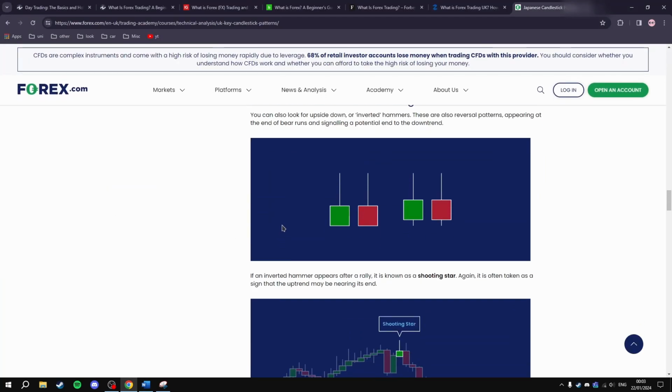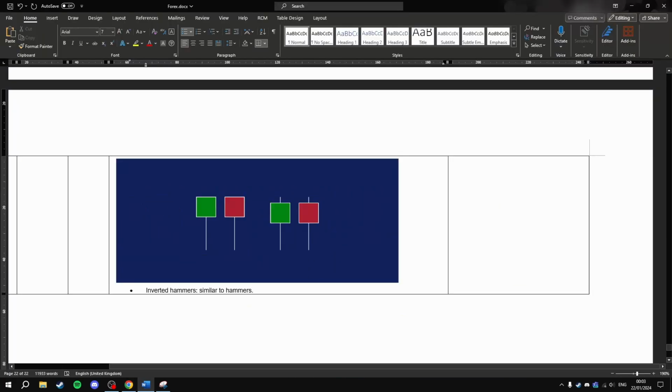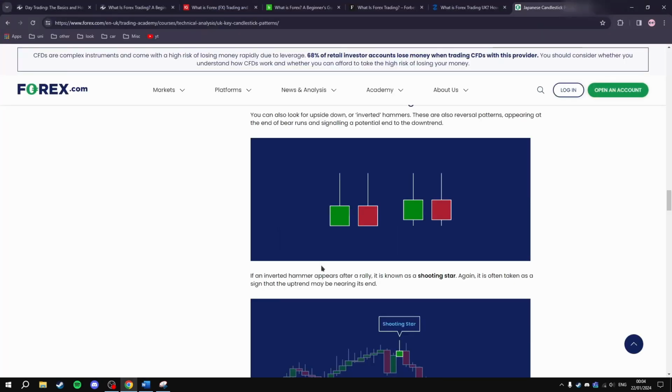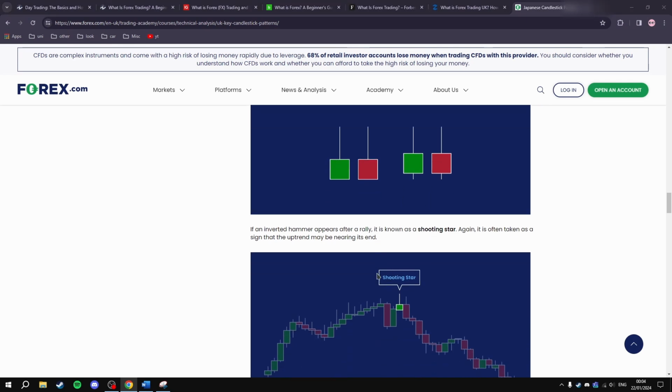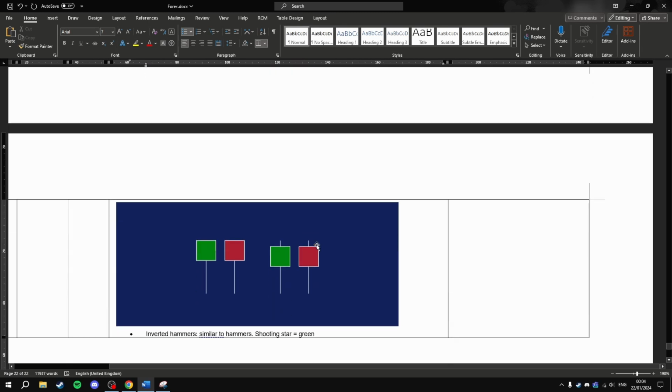If an inverted hammer appears after a rally, it is known as a shooting star. So basically the opposite of an inverted hammer is a shooting star. Shooting star equals, what was it? At the end of a rally, so upward trend, at the end of a green, equals green instead of red.